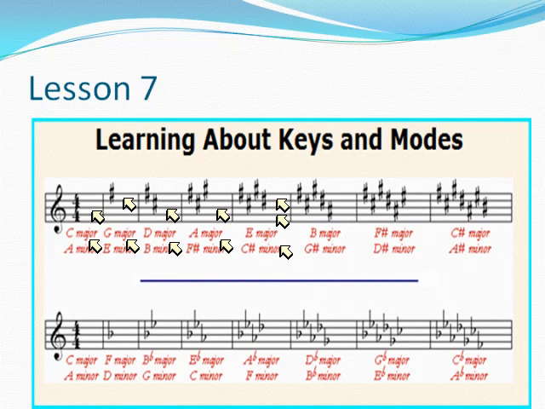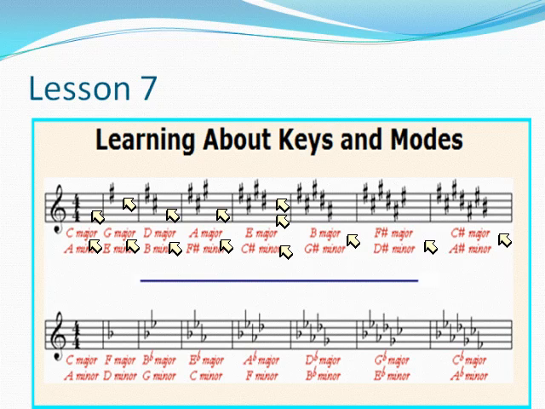The order never changes about how you actually place those on the staff. If it's 2 sharps, it's always F sharp and C sharp, for example. B major has 5 sharps, F sharp major, 6 sharps, and C sharp major has 7 sharps.